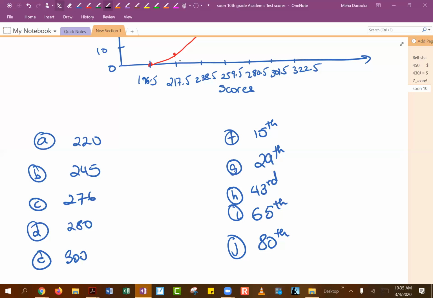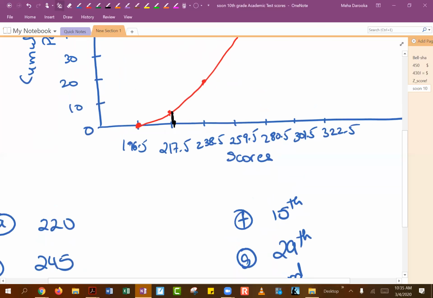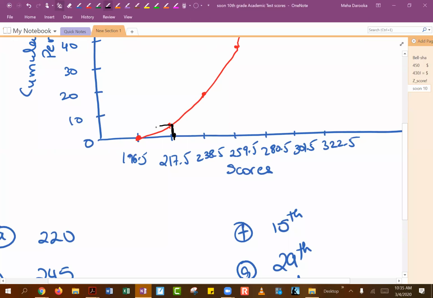Yeah, I mean, honestly, it's going to be like a hair away from 217. And then the idea is, again, and you're going to need a ruler for this. So the idea is you're going to take that mark where you have 220 at, take it up vertically till you hit the curve. And then at that point, take it horizontally till you get to the y-axis. So I'm basically drawing my vertical line till I hit my curve for the ogive or the percentile graph, and then I'm going to do a horizontal.